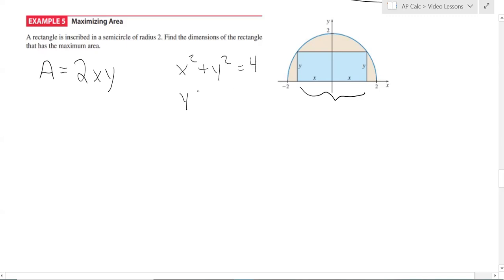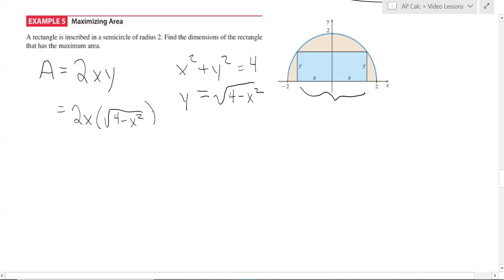If we solve that for y, you subtract x squared, take the square root, and it'd be square root 4 minus x squared. Now we substitute that expression in for y in the area formula to express the area as a function of just x. So this would be 2x times square root 4 minus x squared.